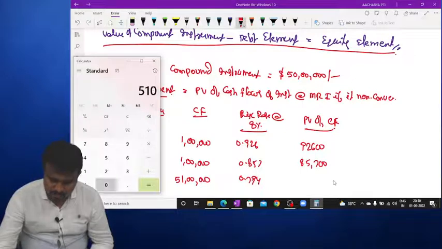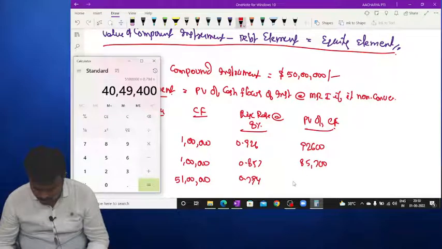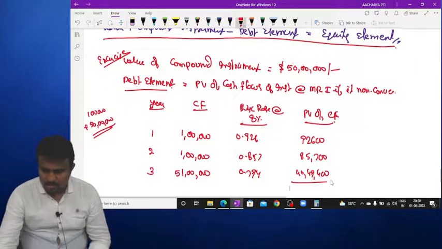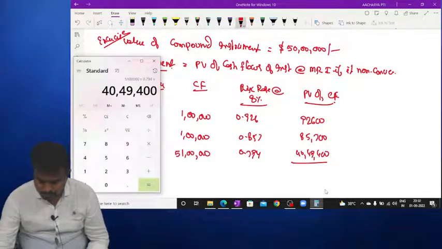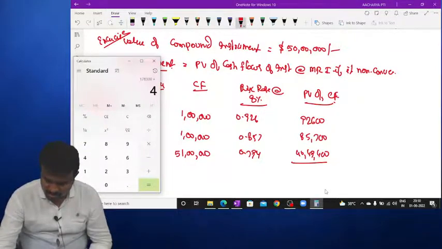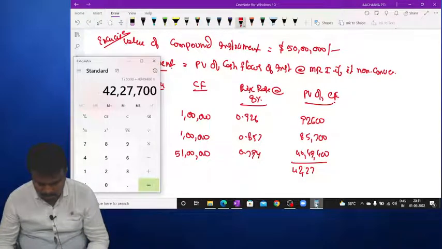Then 51 lakh into 0.794, 40 lakh 49,400. Then what is the amount? So 92,600 plus 85,700 plus 40 lakh 49,400 equal to 42 lakh 27,700.